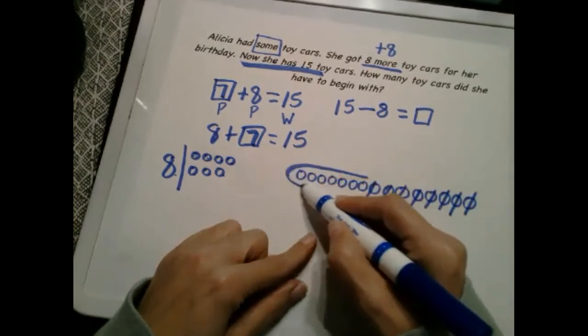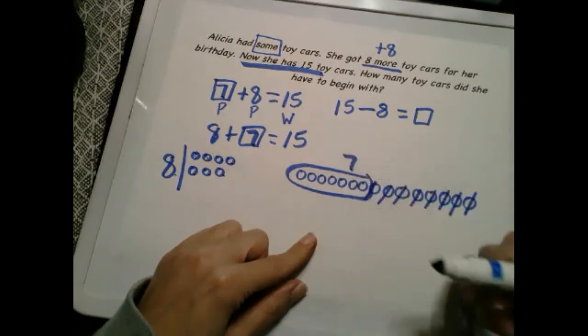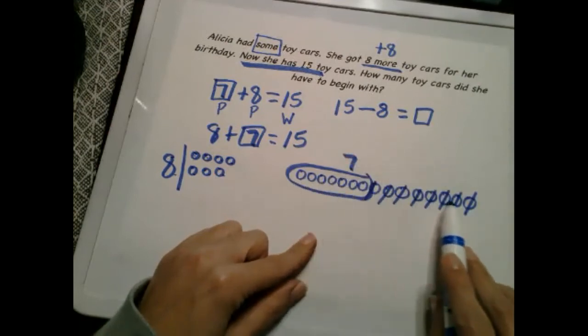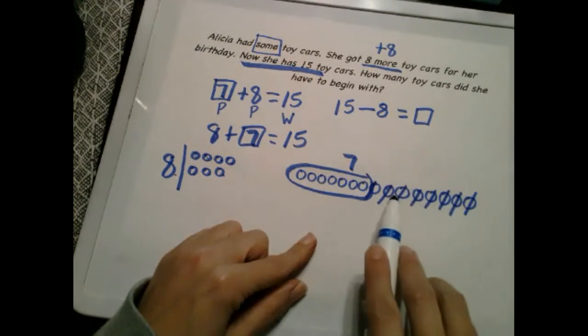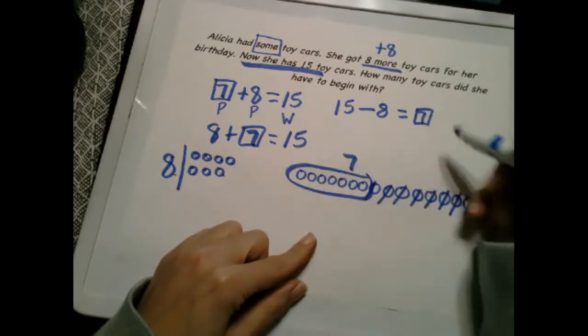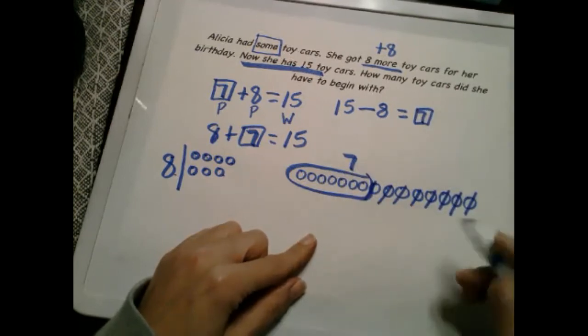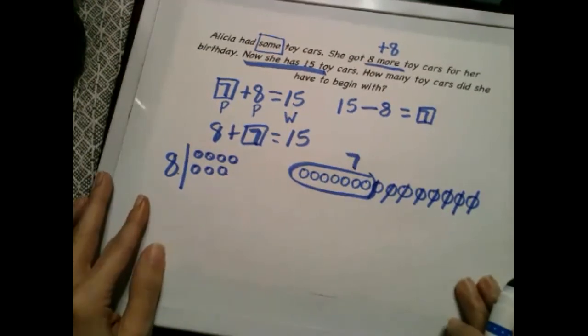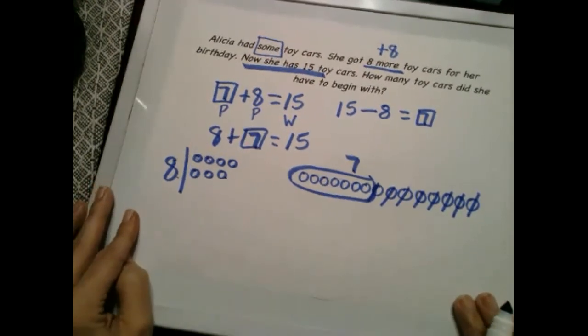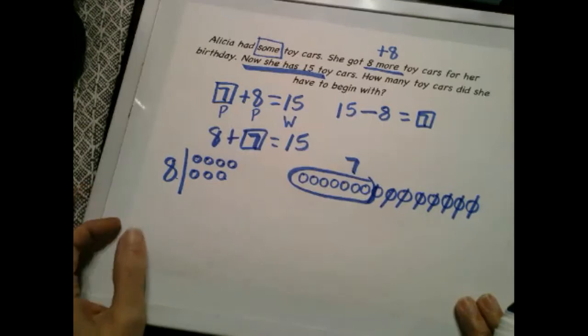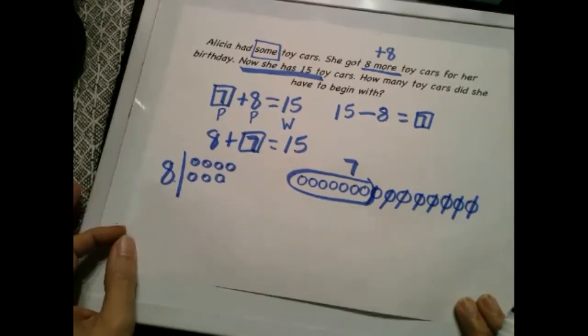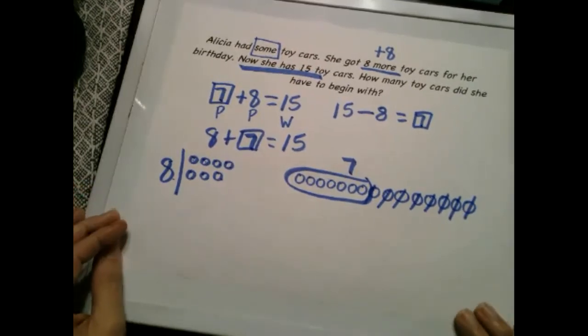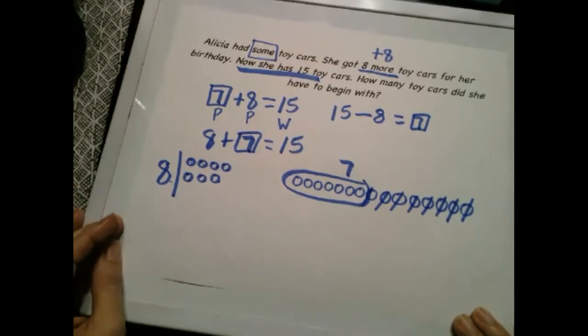And that left them with 7 left over because 15 minus 8 equals 7. Great thinking, guys. You could also show this type of problem using your number line or a part whole. Use whatever strategy you think you're more comfortable with.